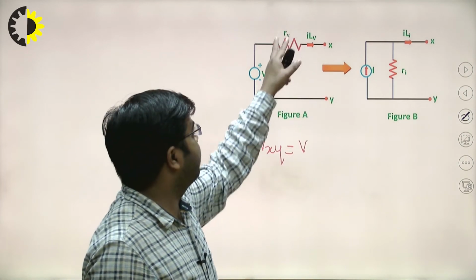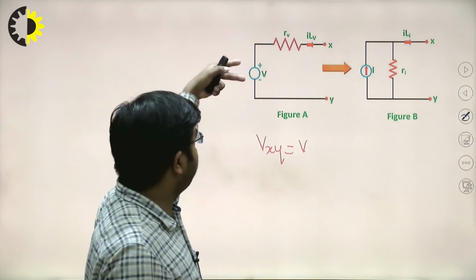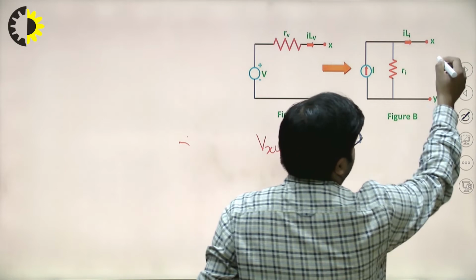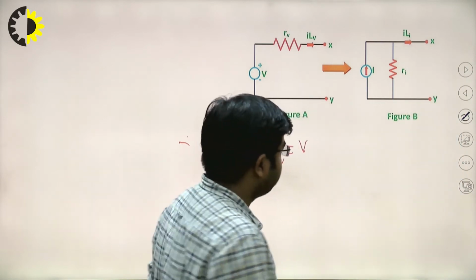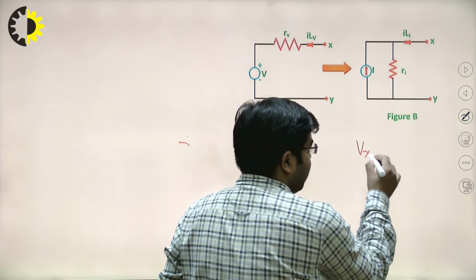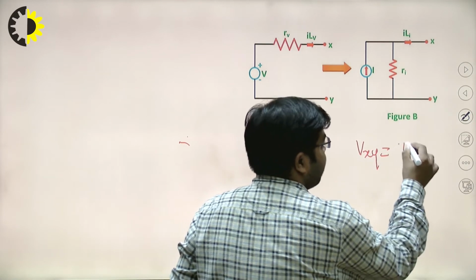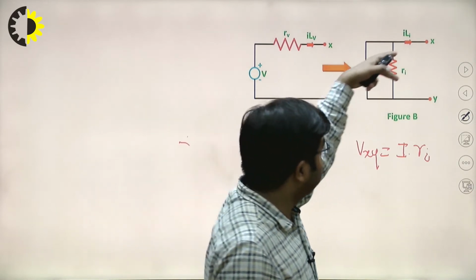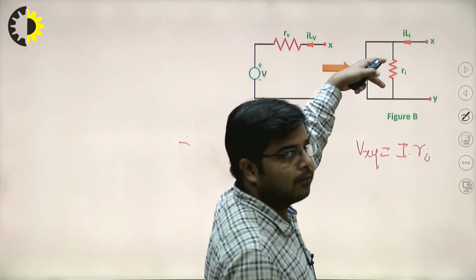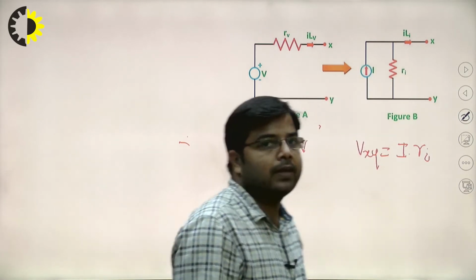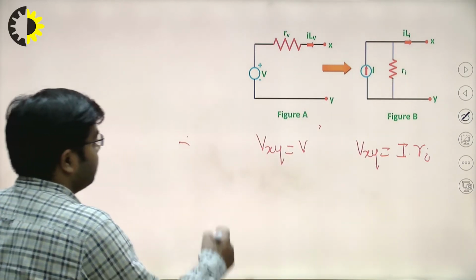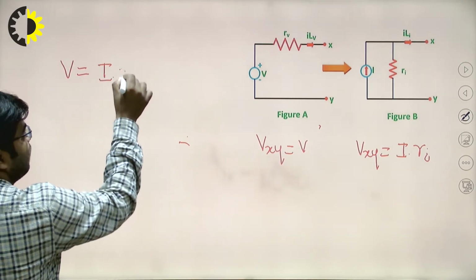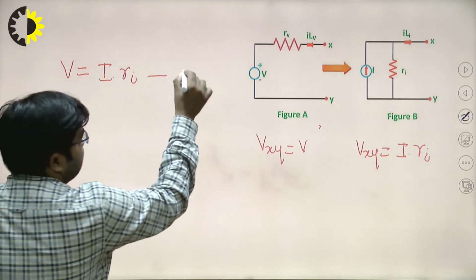So voltage drop across the resistance will be 0. So same voltage will appear across this terminal. Similarly, you can write VXY across this terminal. So here VXY will be equal to I into Ri. Okay, because the voltage drop across this resistance Ri will be equal to VXY. Okay, so this V will be equal to I into Ri. So this is the equation 2.